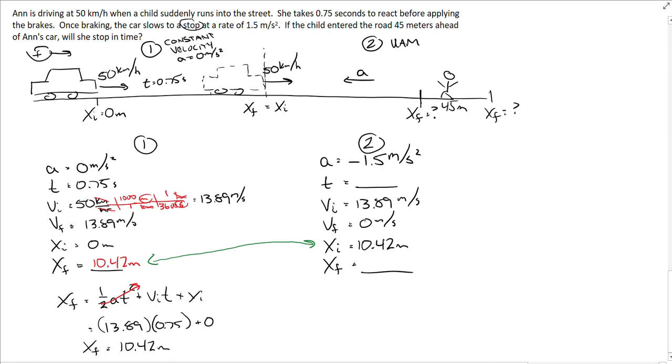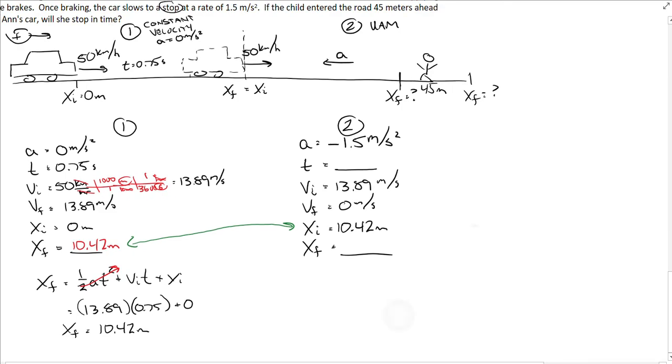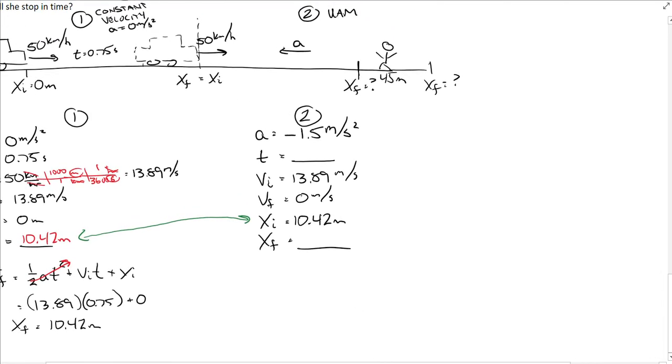All right, and so now we need to figure out how to get to x final. And again, we have our two equations. We have x final is equal to 1/2 at squared plus v initial t plus x initial, and we have v final is equal to at plus v initial.